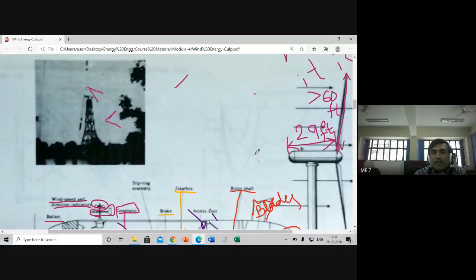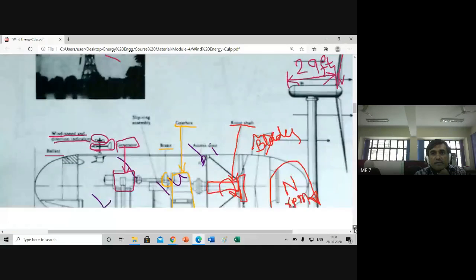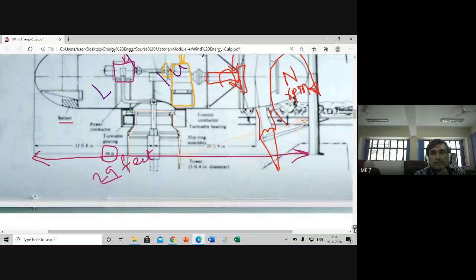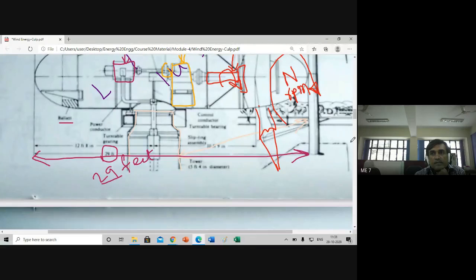Such a large blade it is. The structure of the blade is exactly similar to the structure of the fan blades used in the house. So these are all the details about this one.